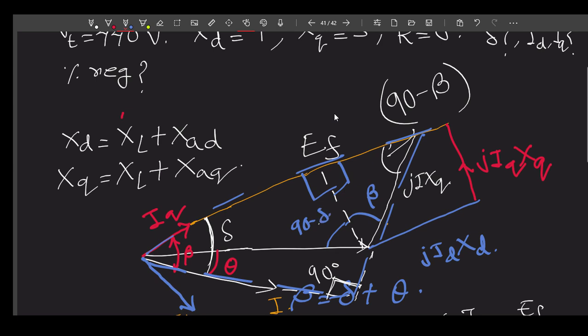Well, that's great. Now what about this side?